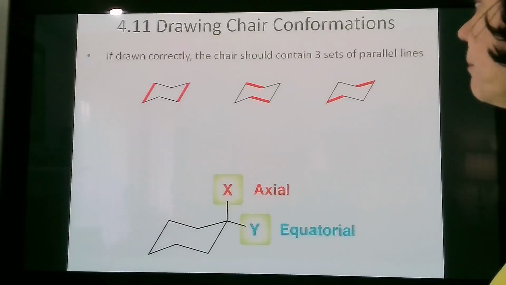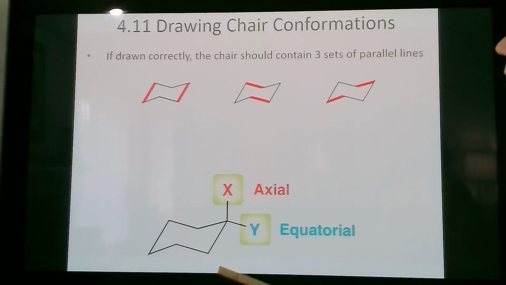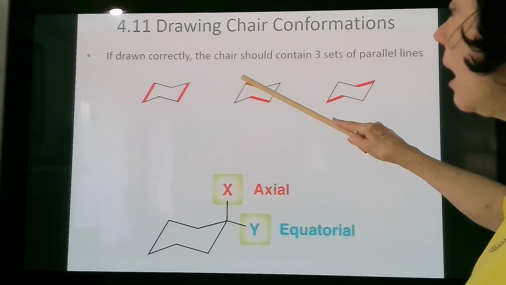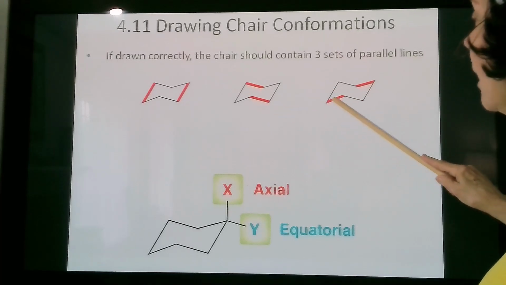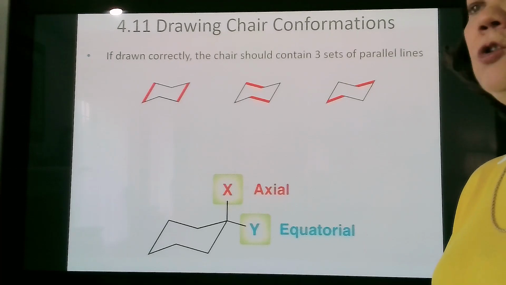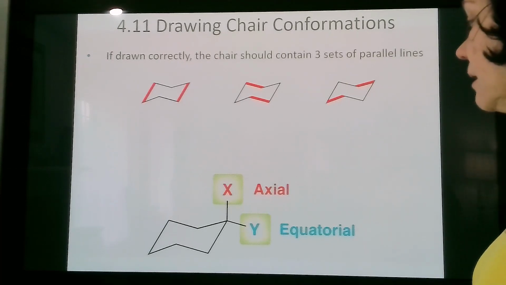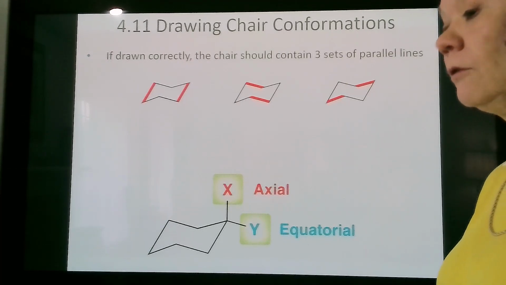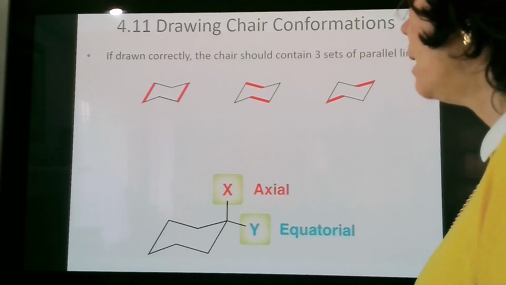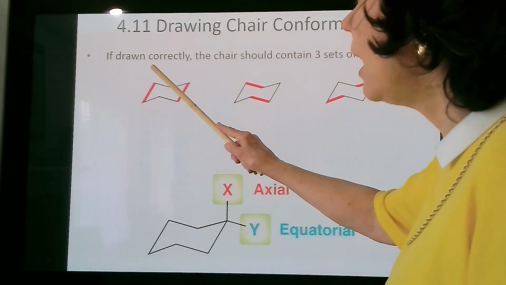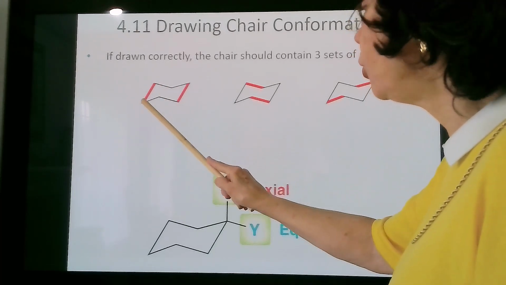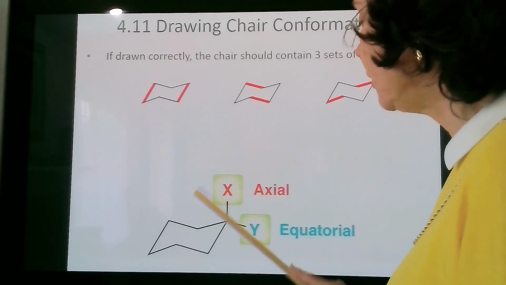Drawing the chair conformations, you'll want to draw this so that it has parallel lines, parallel lines, parallel lines. There's a lot more information than this given in your textbook. I think that the textbook is quite clear on this, and the textbook will help you. Notice that on each one of these, there's a hydrogen going up, axial position, axial position.